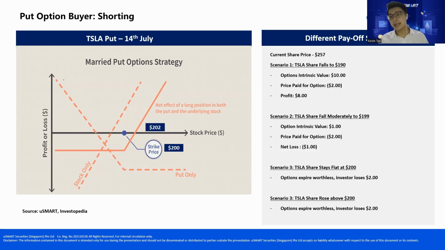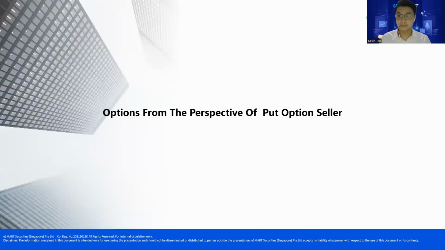And of course, the last scenario is if Tesla share rises above $200, the investor will lose the full option premium since there's no real value to the option. This is because you can definitely fetch a better price in the open market compared to exercising your option to sell your shares.